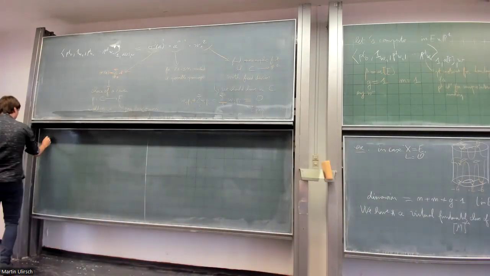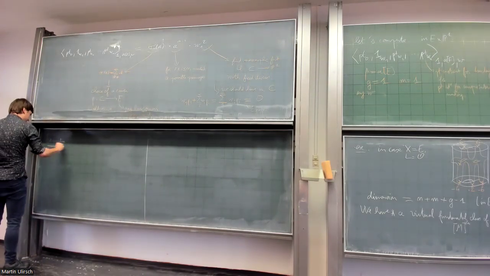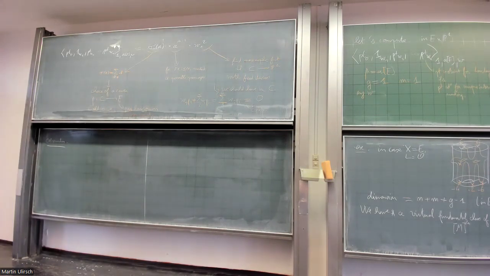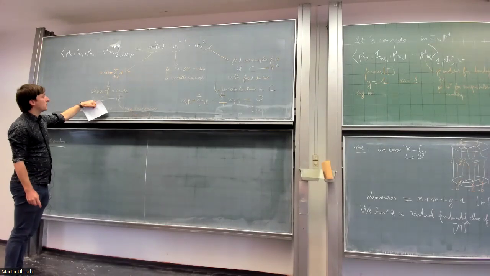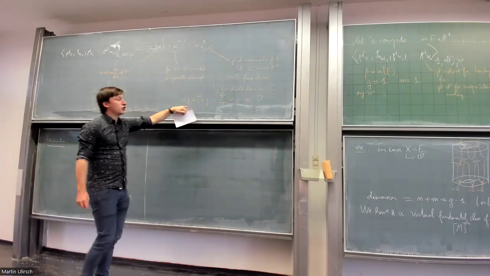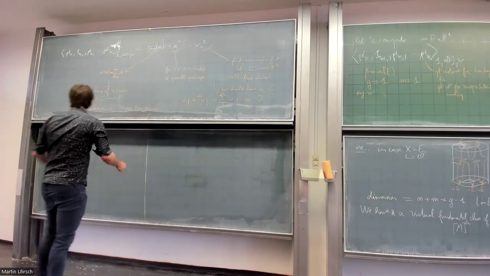Okay, so observation. Since this map is a group morphism, I can push this relation living inside C to a relation inside E.